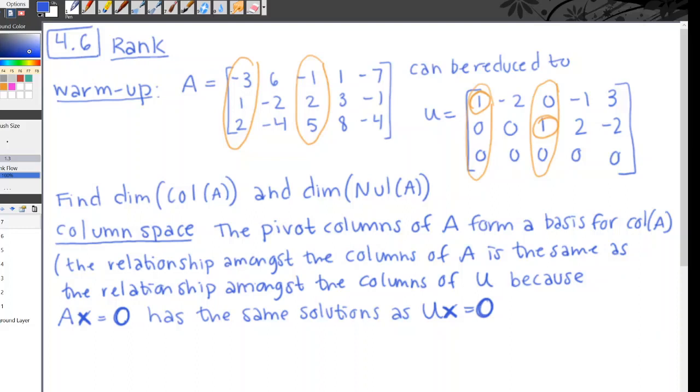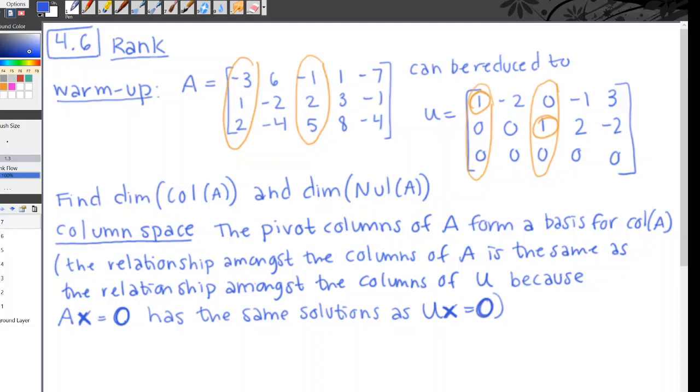And whatever that relationship is, you're going to get the same relationship in the reduced form, because picturing the augmented matrix and going through this reduction, that column of zeros is going to stay the same. So the solution set is going to stay the same, and the solution set is what tells you the relationship amongst these columns. Okay, so hopefully I've at least somewhat convinced you that the columns that I highlighted in A are a basis for A.